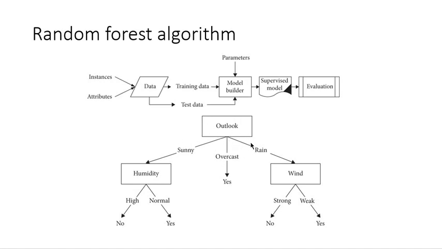In this case, I have taken the weather data, and we know that if it's sunny, the humidity can be high or normal. If it is overcast, we know that it is going to be overcast. Then if it's rainy, it's going to be slightly windy or weak, or more windy. These are the different words we can use to determine. This is the random forest algorithm.